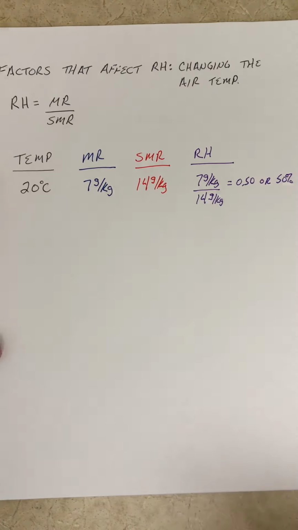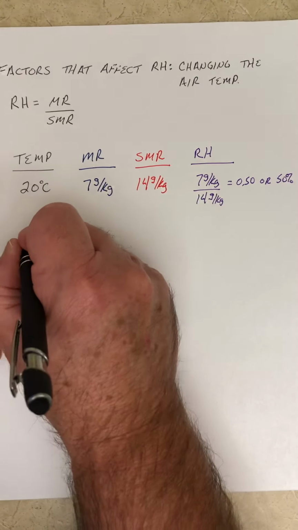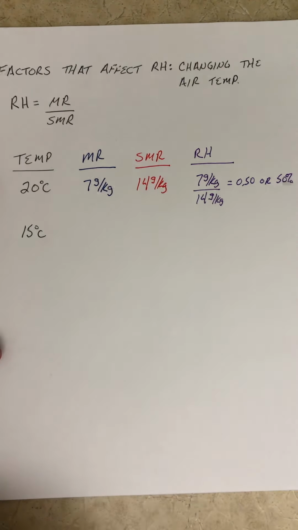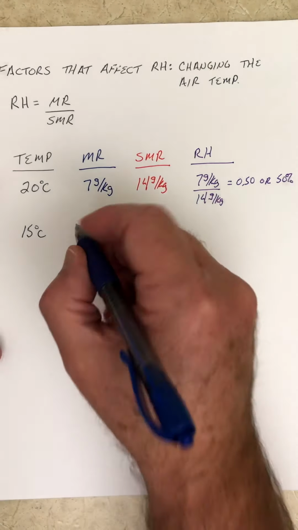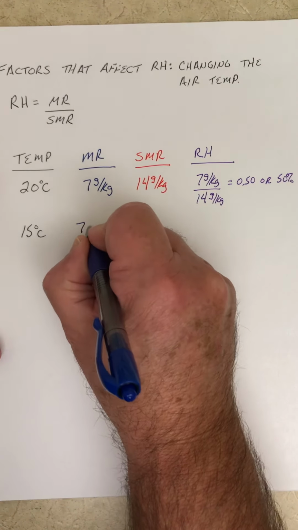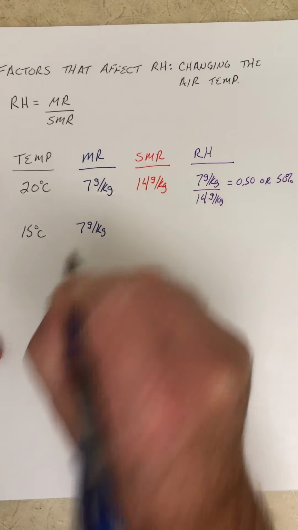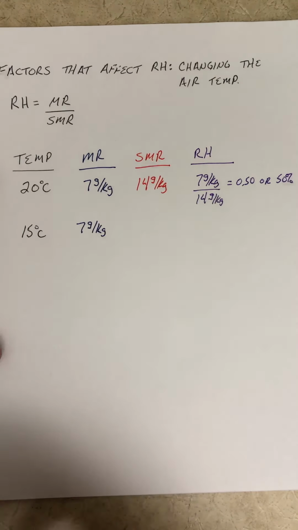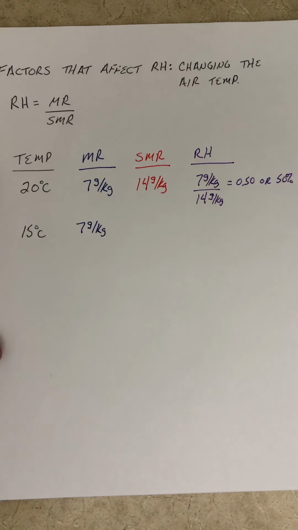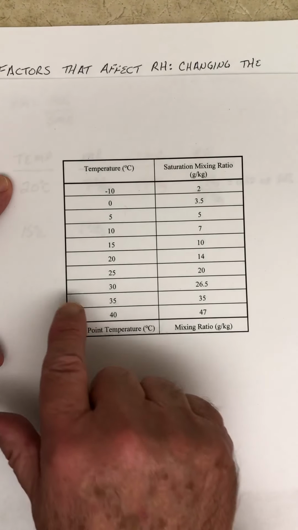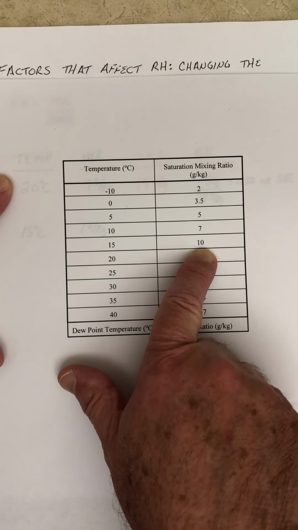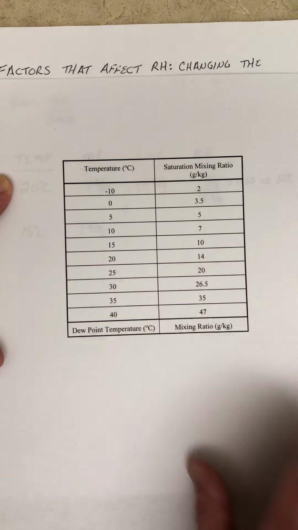Now we're going to decrease the temperature of the air by 5 degrees Celsius, down to 15 degrees C. We are going to hold our mixing ratio the same, the amount of water vapor in the air, constant at 7 grams per kilogram. Our temperature decreased. As air gets colder, it can hold less water vapor. So at 15 degrees C, the maximum amount of water vapor the air can hold is 10 grams per kilogram.